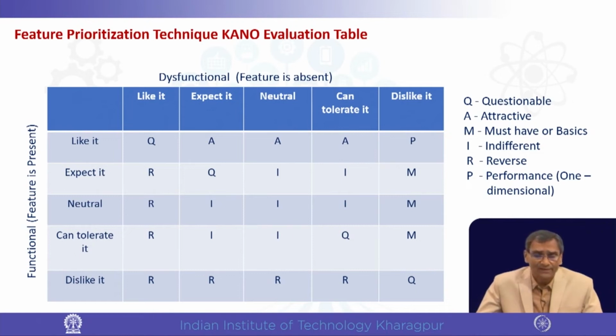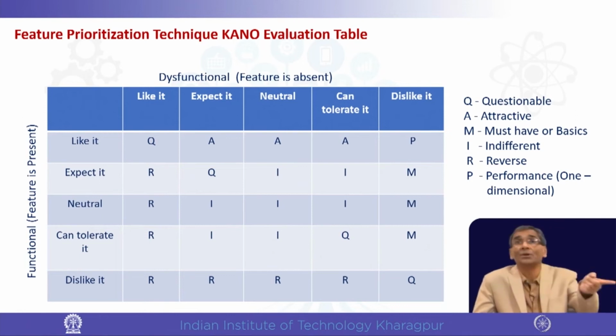Now, that way you would see that the matrix is formed, where Q means questionable, which is actually in conflict with the objectives, the responses by the customer. So, those Qs are not part of our assessment or evaluation. Except those 4 cells of Qs, we are concerned with A's, P's, M's and I's.